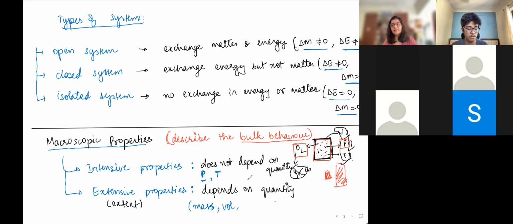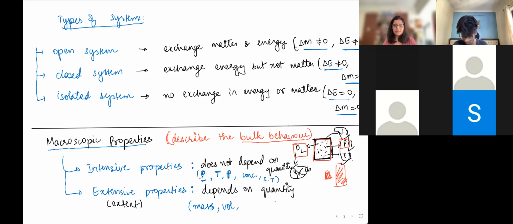Apart from that, I'll just give you some examples. Density is an intensive property. Then concentration is an intensive property, and surface tension is an intensive property.